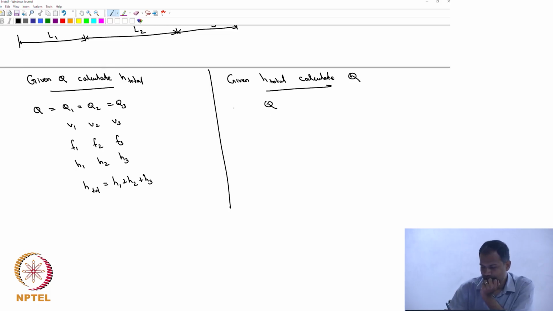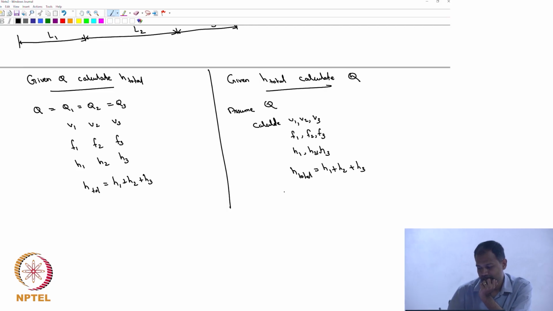So I assume Q, calculate V1, V2, V3. That means I can calculate F1, F2, F3 for some assumed value of Q, and therefore I can calculate H1, H2, H3 and calculate an H total as H1 plus H2 plus H3.